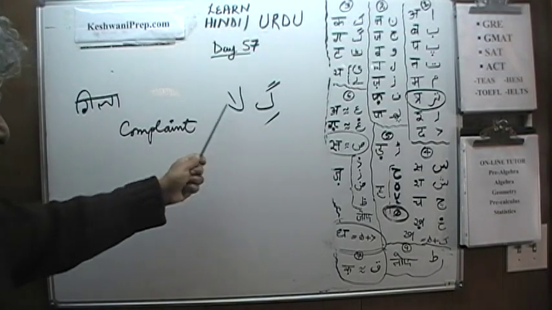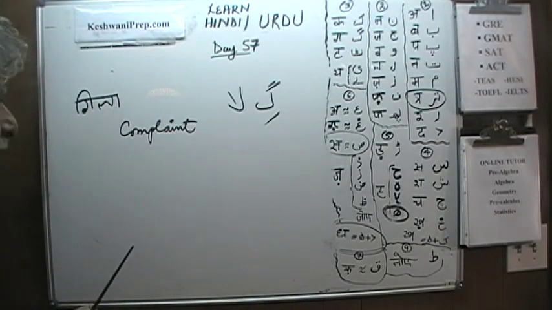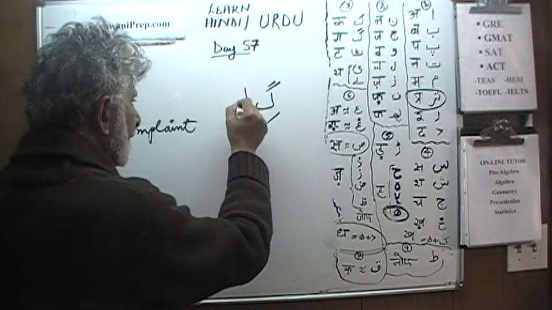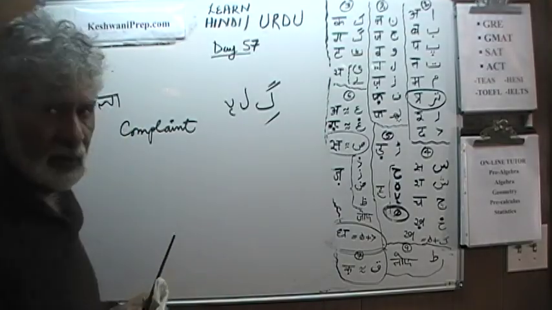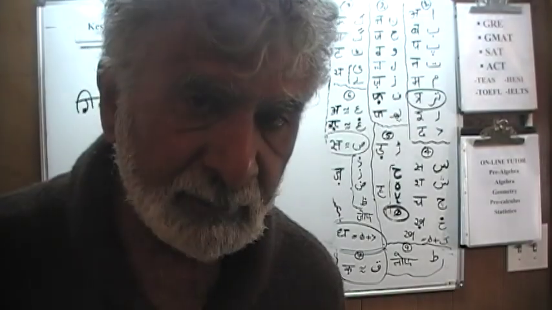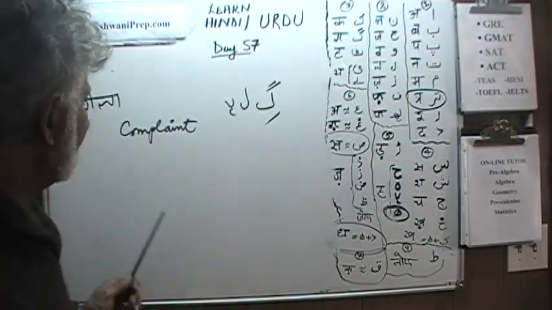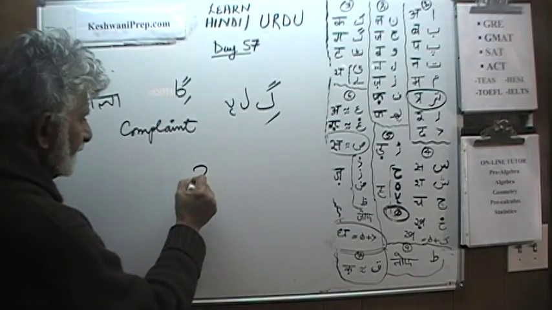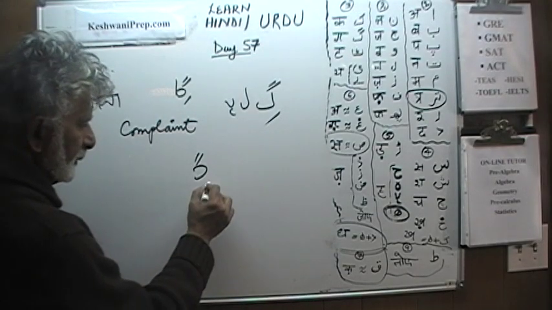Even though gila ends with the aa ki matra in Hindi, in Urdu, for some inexplicable reason, it ends with a ha. It happens with a lot of words. We have seen it many, many times. And that's how we write gila. It's pronounced with the aa ki matra even though it ends with a ha. And this is how it will be written. Ga. So this part is ga. And it becomes gi.